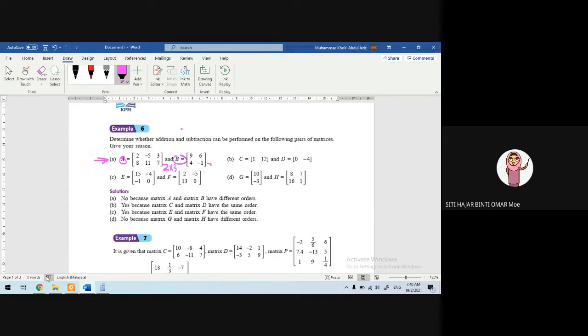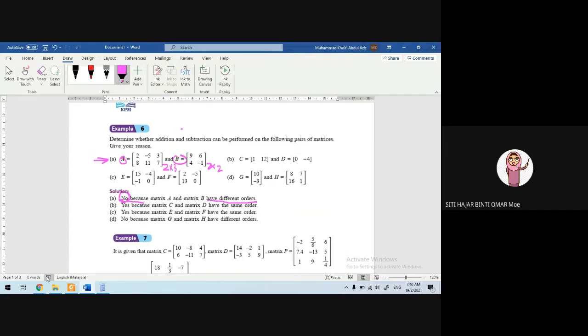B has 2 rows and 2 columns, so the order is 2 by 2. So these matrices have different orders. So the answer is no. No addition and no subtraction can be performed because matrices A and B have different orders.